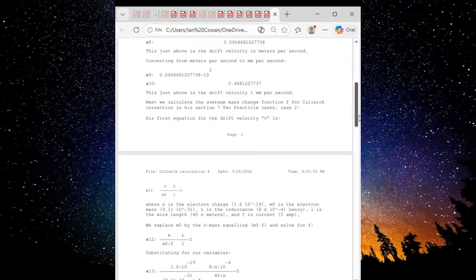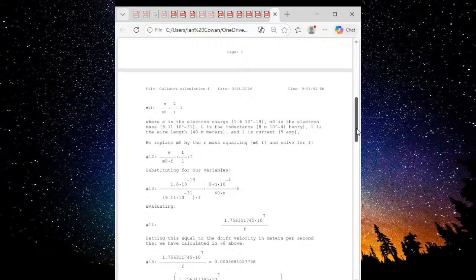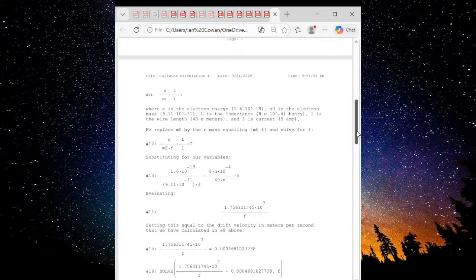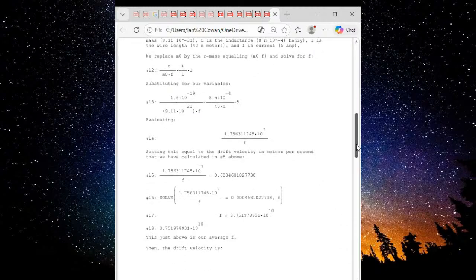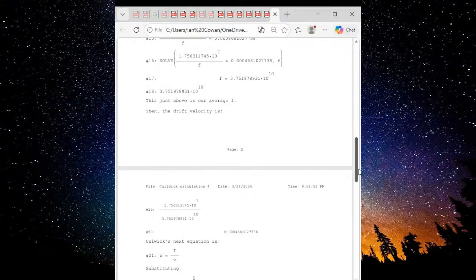And scroll down a little bit. We solve for F, okay, a little bit more. We're solving for F there in 16, 17. F is equal to, wait, okay, stop.